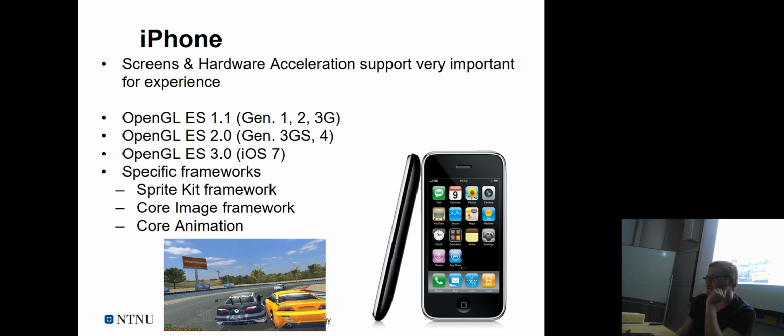And along with this was basically the development of OpenGL, the extended development of OpenGL over time.